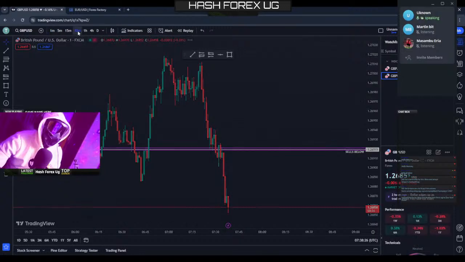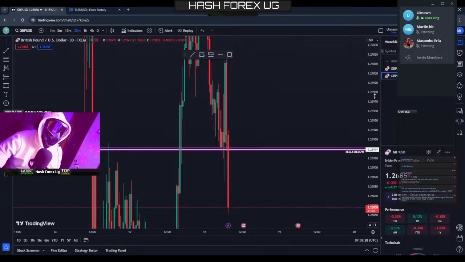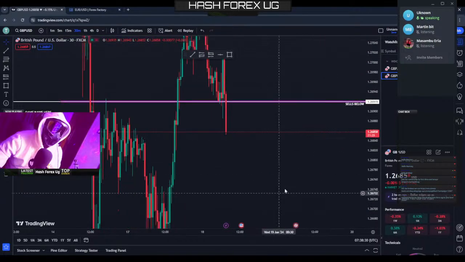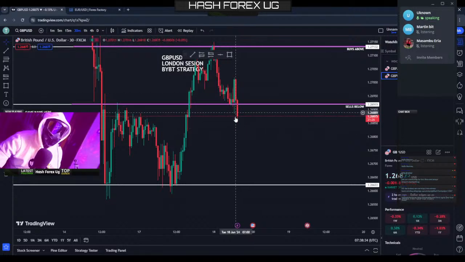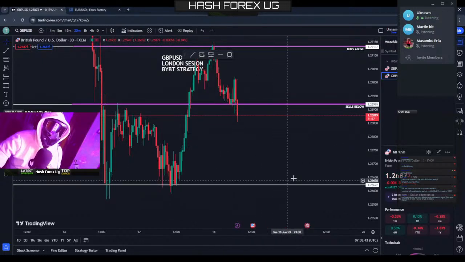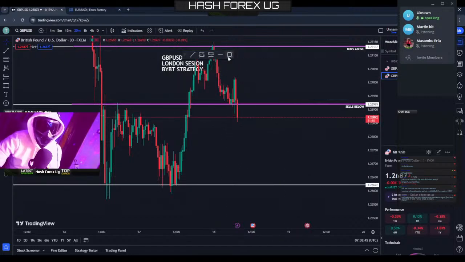Yeah, GBP USD is breaking into the selling zone. If this candle closes into this zone here, we might see GBP USD selling back to this level down here.